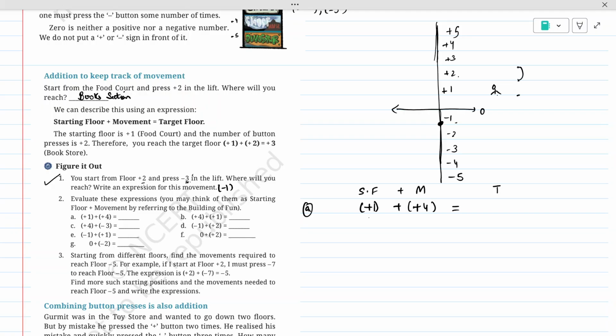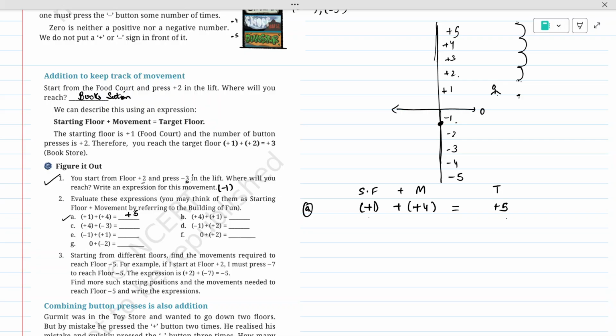I am making 1 plus, second plus, third plus, and fourth plus. So that means I was here on 1 and I am making 4 times plus. So I am reaching the 5th floor. This is the 5th floor where I am reaching. So my target will be +5. And also if we try to solve this, 1 plus 4 is 5. Okay. So this is the 5th floor we are reaching here.